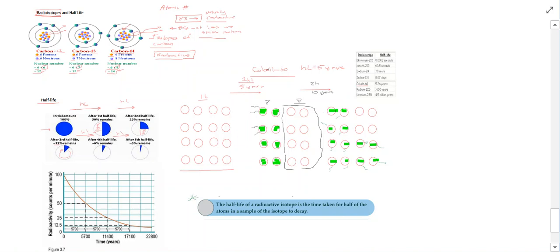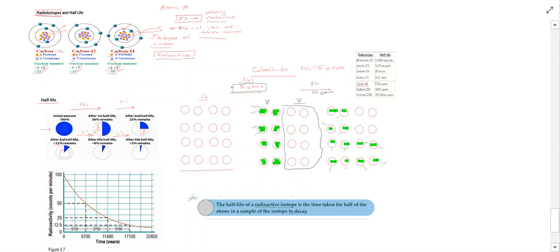So if we look at this example, cobalt-60 is a radioactive isotope, and its half-life is, let's say, 5 years. So the time taken for half of the atoms in the sample of the isotope to decay.